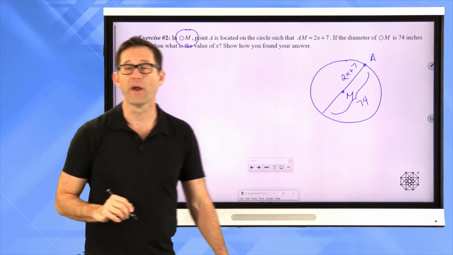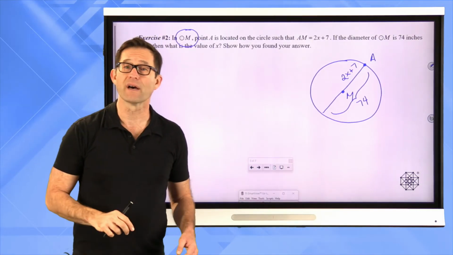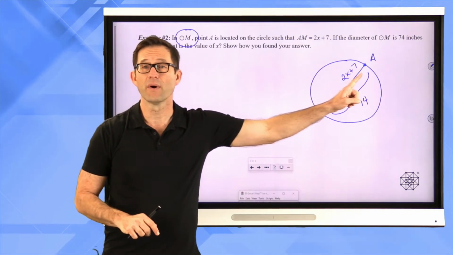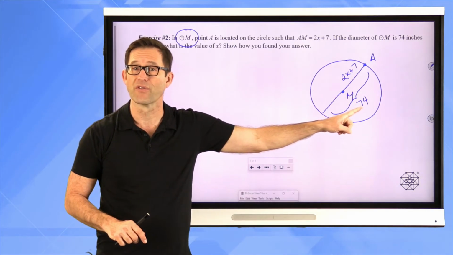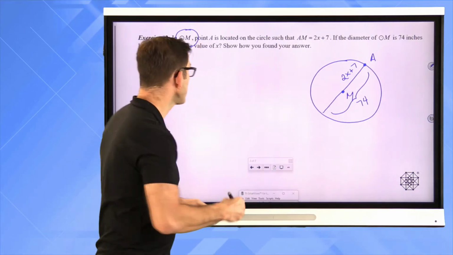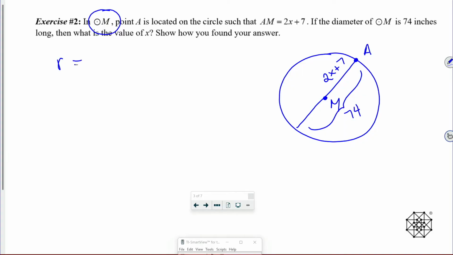And I want to solve for x. There's a couple different ways I could do it. I could say that that's 2x plus 7 and that's 2x plus 7, and I could add them together and set it equal to 74. Or I could figure out what the radius is. The radius is 74 divided by 2, which is going to be 37 inches.